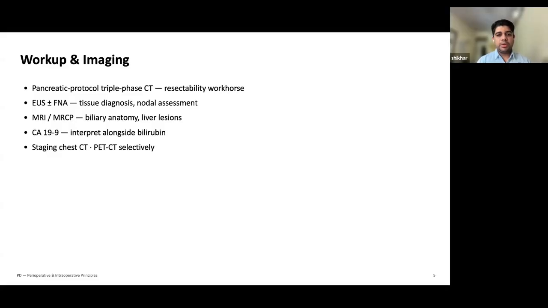Despite all the effort, if the biology is poor, it is an aggressive tumor, and the patients will still not improve in the prehab group. Those patients mainly benefit from chemotherapy.